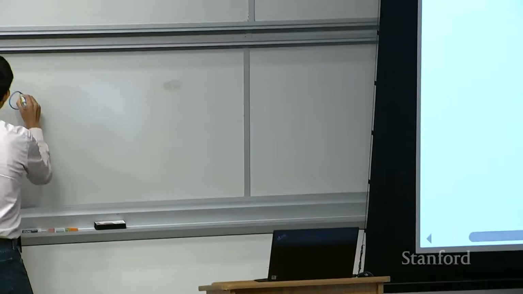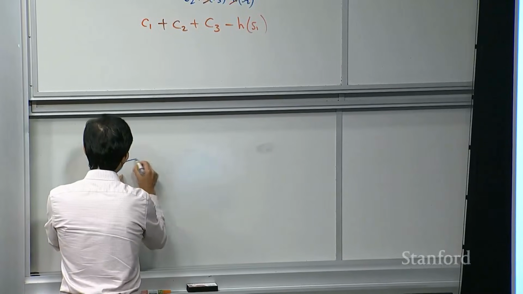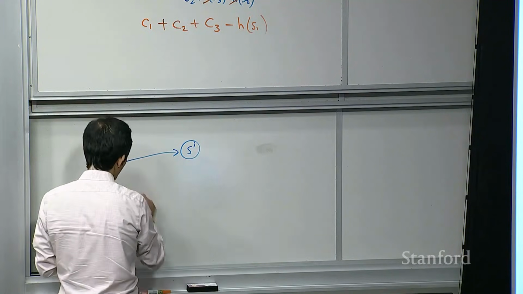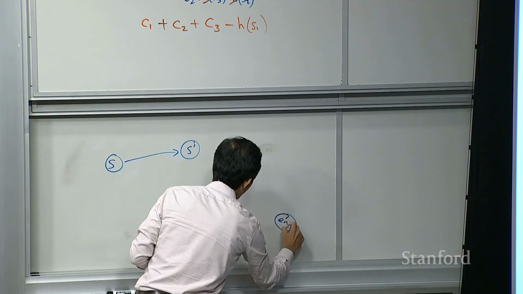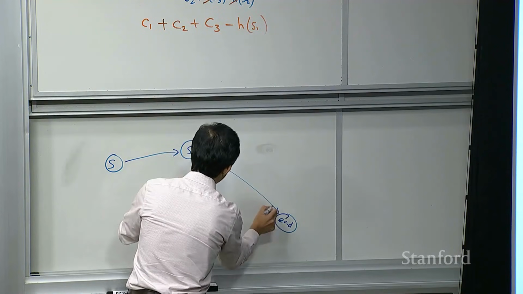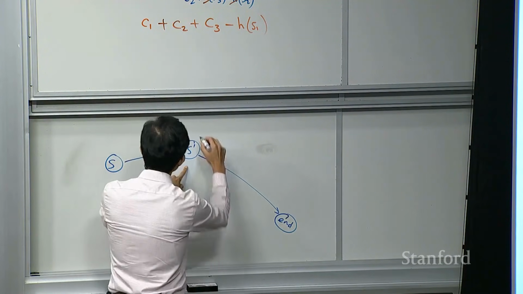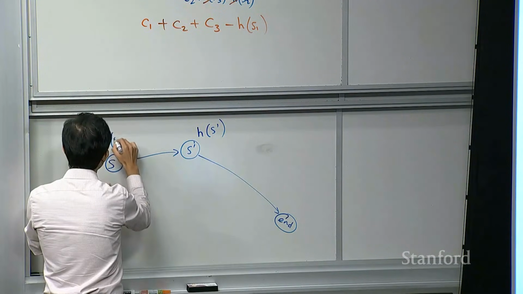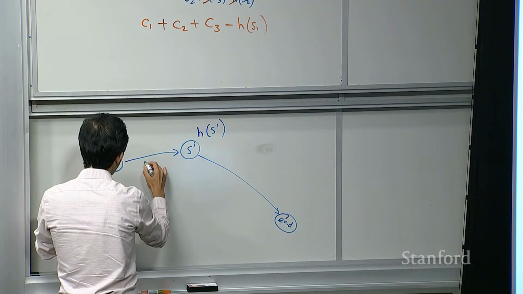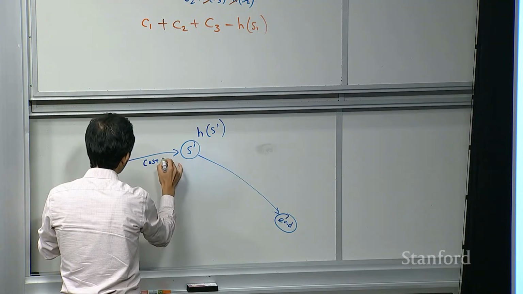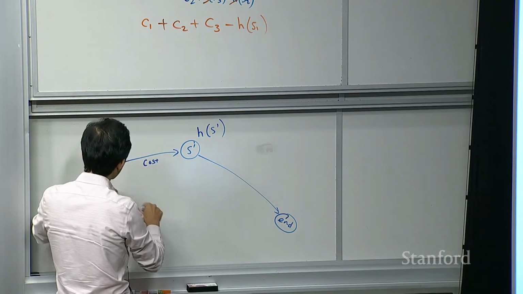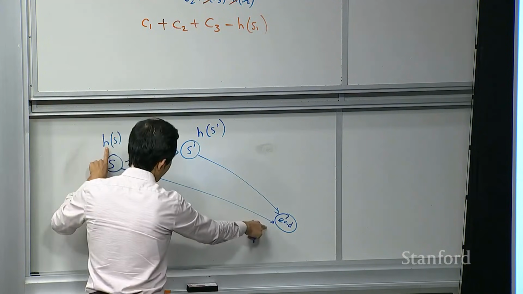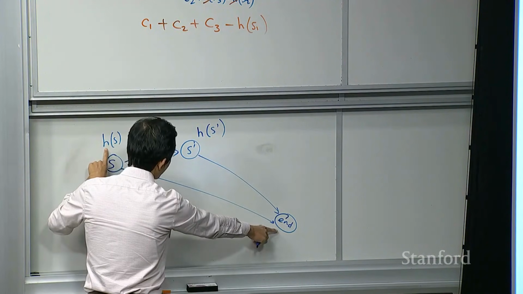So you're at a particular state S, and you can take an action A to some S prime, and if you look at where the end state is here, right? So this is H of S prime. This is H of S. This is the cost. And so basically, H of S is the future cost here.